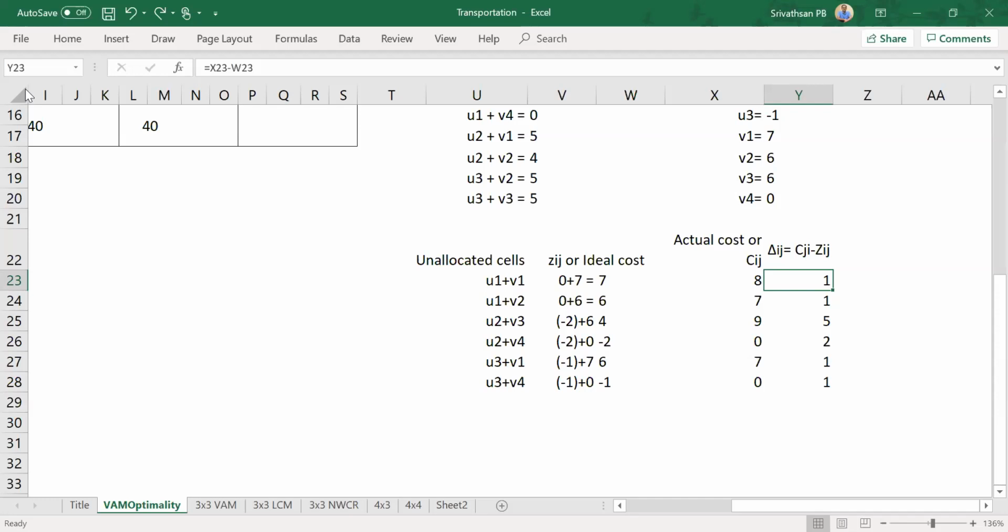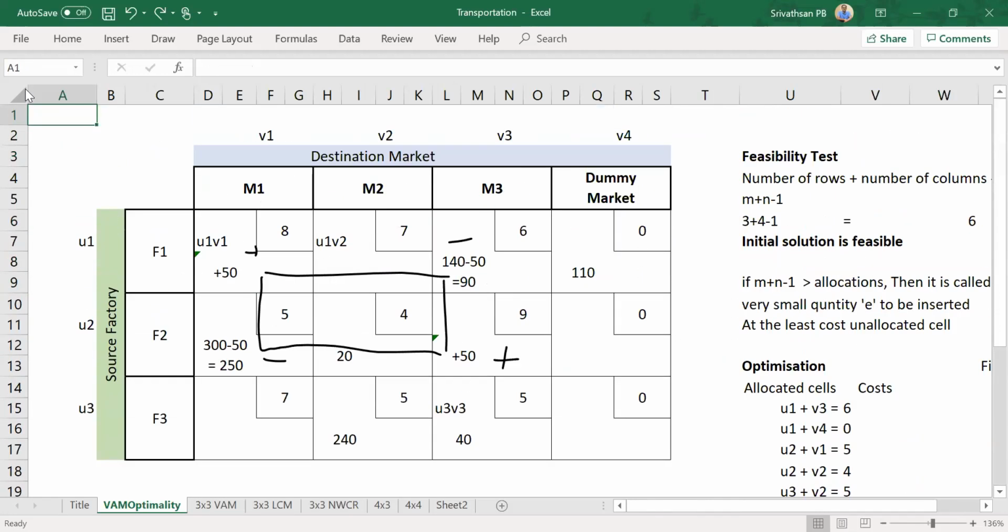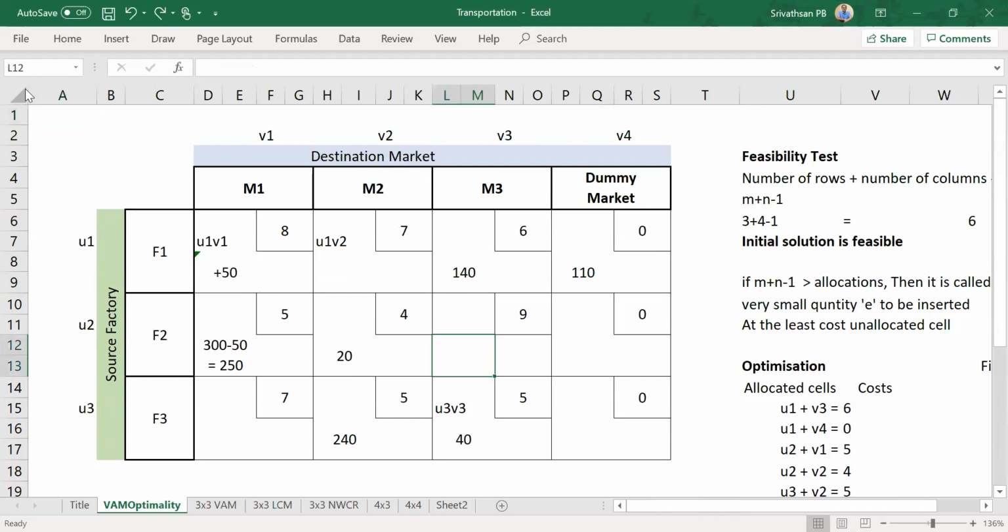After doing that, come to the optimality test: find the values of U's and V's using allocated cells, then apply them to the unallocated cells, find the ideal cost or Zij, and compare it with actual costs to find out whether there is any opportunity. If there is a need, we have to perform the loop, which I'm not discussing. I just showed you how to do it.